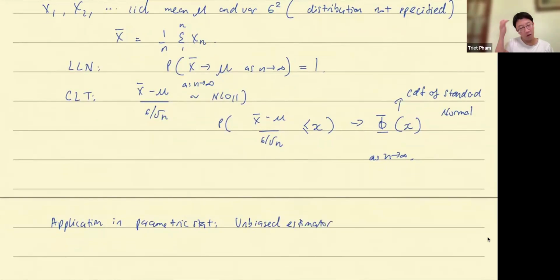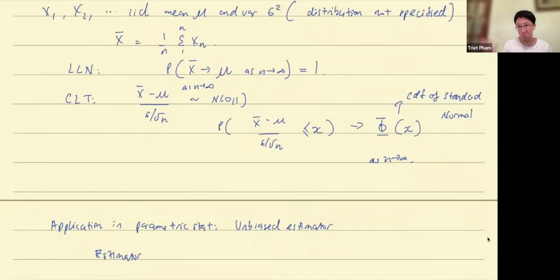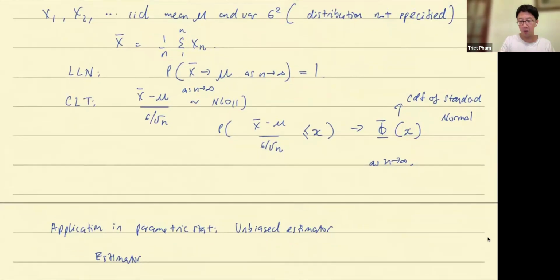So first of all, maybe let's backtrack and say what an estimator is. An estimator basically is just any function of the sample that's used to estimate a parameter. So if you use the sample and you declare that you want to use that to estimate some parameter, that's an estimator.